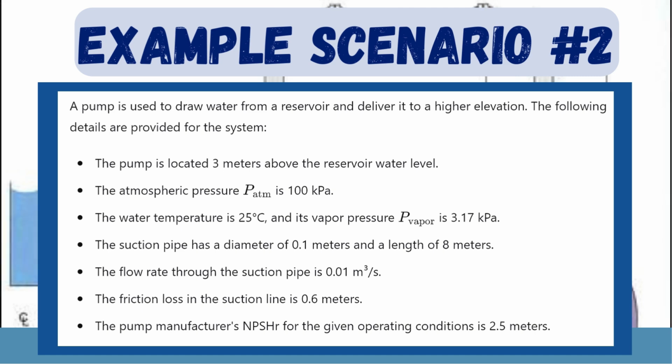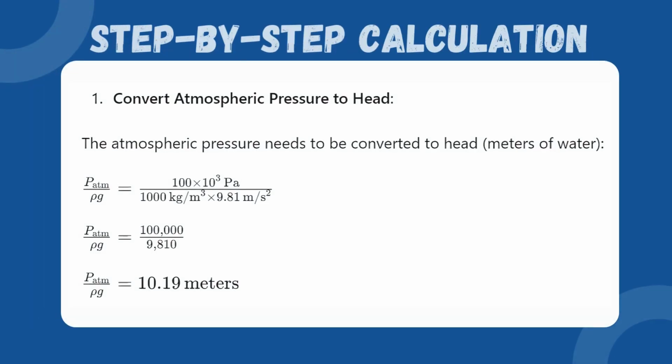So guys, firstly starting with conversion of atmospheric pressure to head. Here in this equation of atmospheric pressure upon rho g, the atmospheric pressure was given as 100 kilopascal, and from a better calculation point of view, we are converting it into pascal. So it will be 100 into 10 raised to 3 pascal.